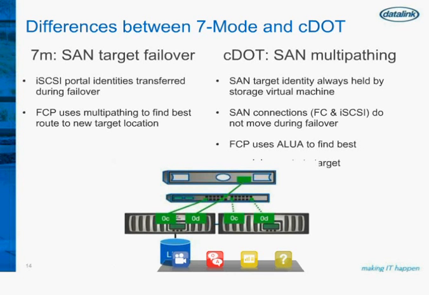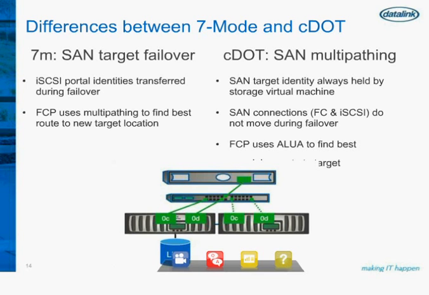So I already briefly touched on this, but just to reiterate, with 7-Mode and iSCSI, iSCSI IPs move over, and to an extent you can get away with not running path failover software in an iSCSI environment, and there are a number of customers that essentially will function with a single software initiator, a single iSCSI portal identity target, and that is transitioned over as part of any SAN target failover.